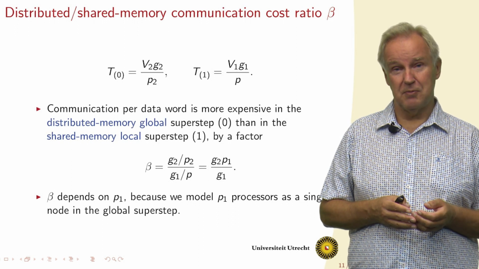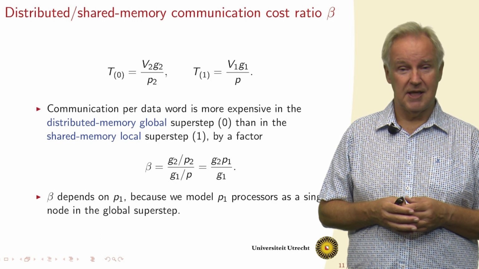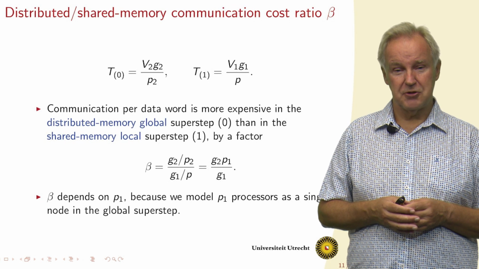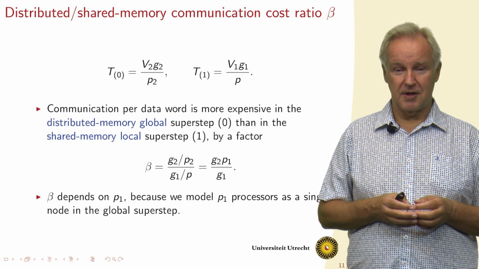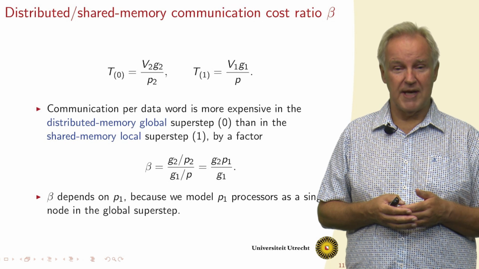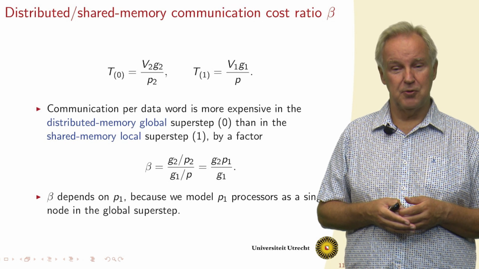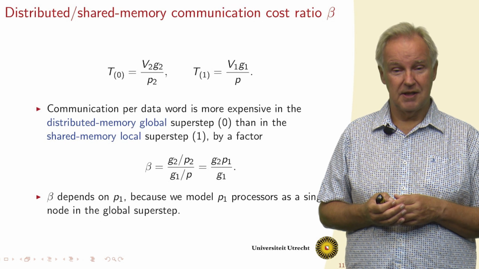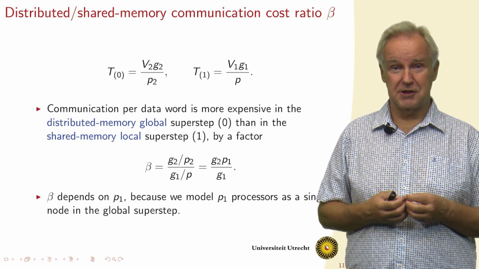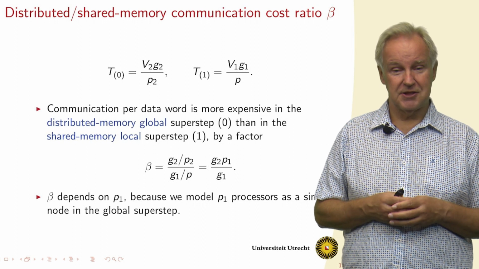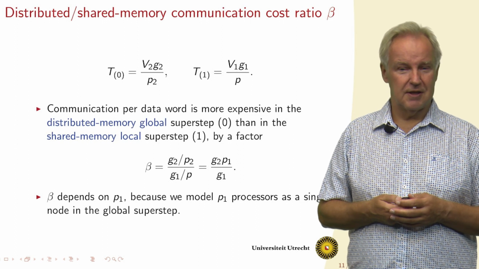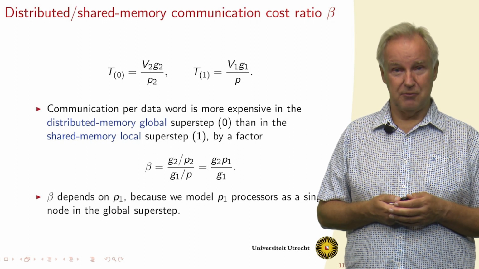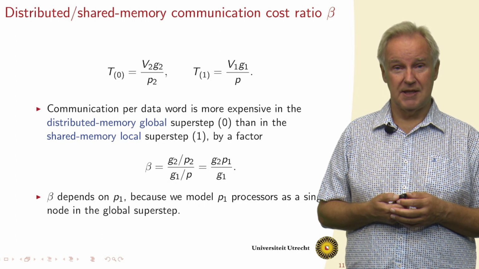And looking at the formulas for the global fanout and the local fanout, you see that the cost for the global one is g2 divided by P2, and the local one is g1 divided by P. So if we call this ratio beta, then this turns out to be g2 divided by g1 times P1.